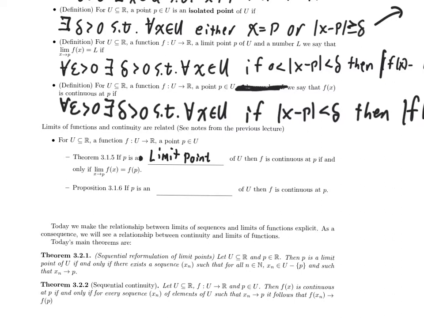On the other hand, we've proven that if P is an isolated point, so a point where you can't talk about limits, then f is automatically continuous at P.